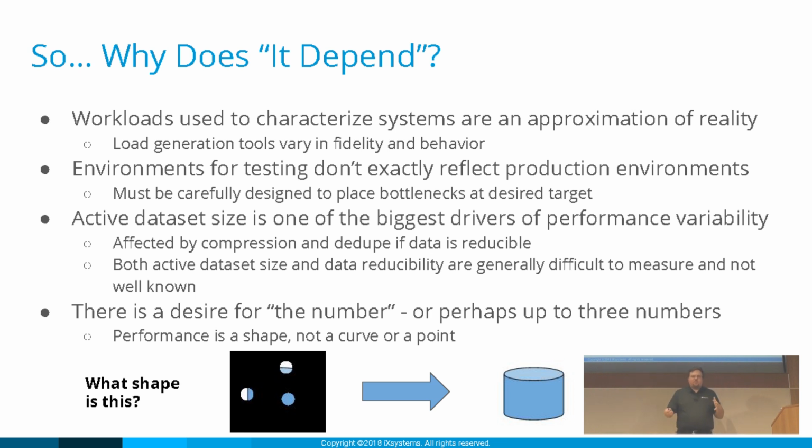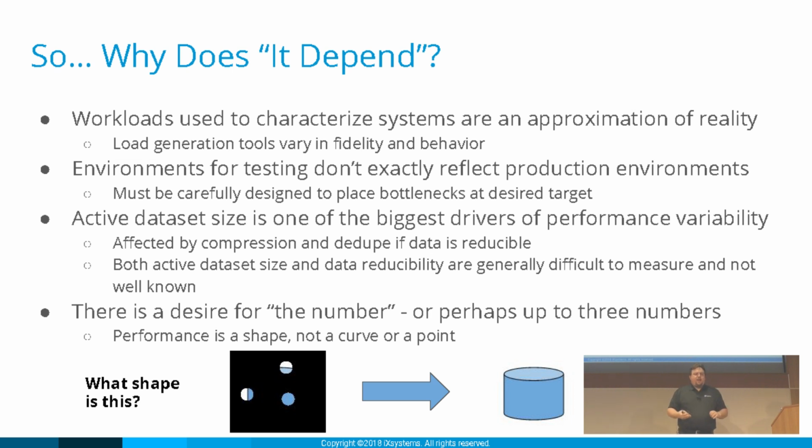Active data set size really is underappreciated, but in a ZFS system, you really come to appreciate it. The whole point of ZFS is that you run in the happy medium where your active data set size matches well with your total available caches. So you get very good performance.